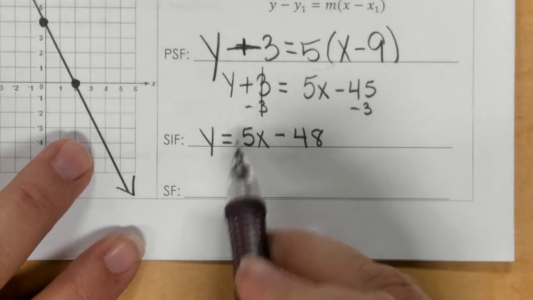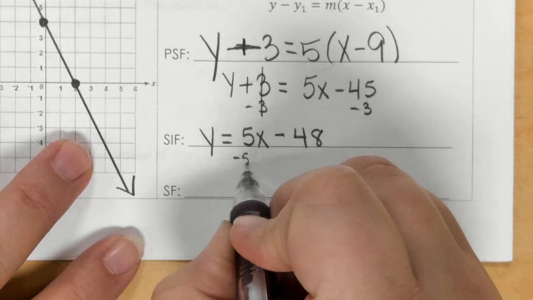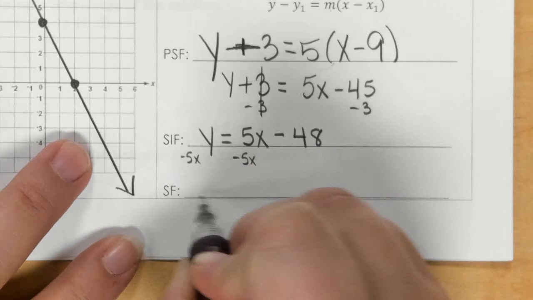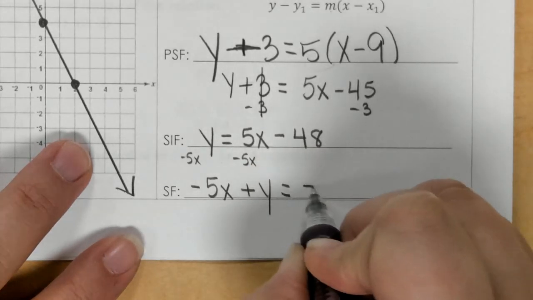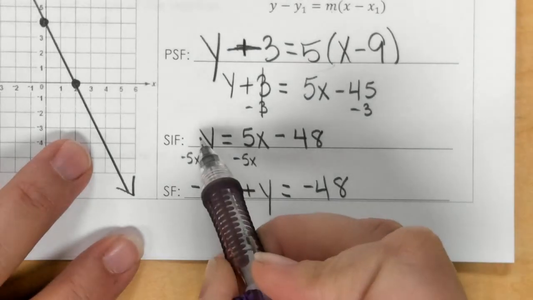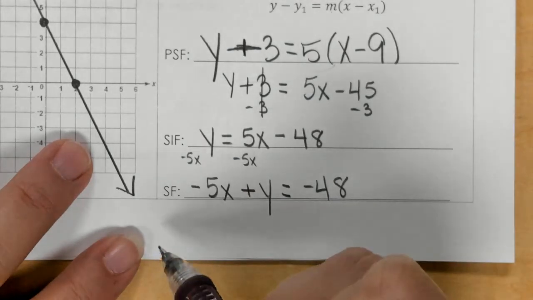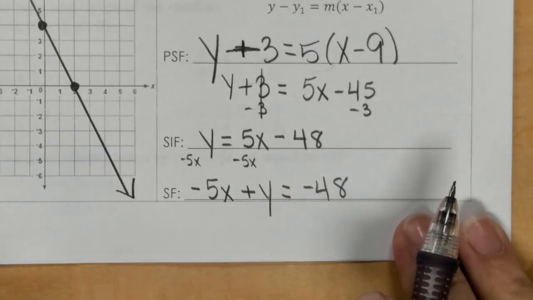Then, to go from SIF to SF, you just want to get that x over here. So I would subtract it and have negative 5x plus y equals negative 48. And we know it's a positive y because there's nothing in front of that y, so it has to be positive. Okay, and that is the end of the open response.